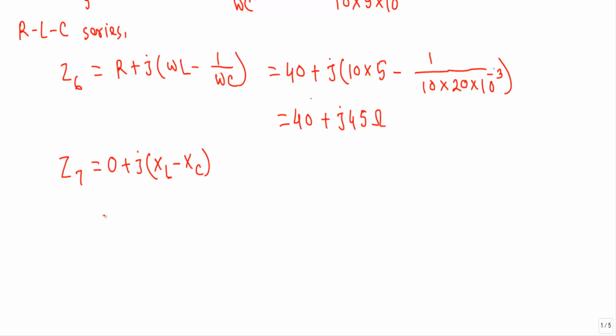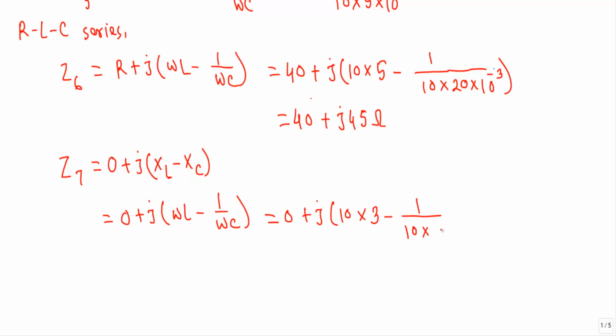Now see, XL is equal to omega L, so 0 plus j(omega L minus 1 by omega C), 0 plus j(10 into 3 minus 1 by 10 into 10 into 10 to the power minus 3). This will be equal to j20 ohm. Okay.